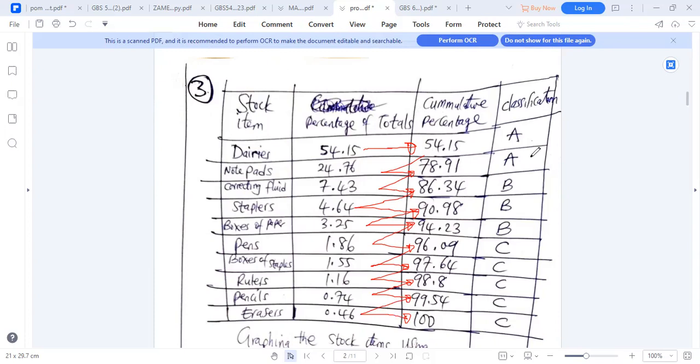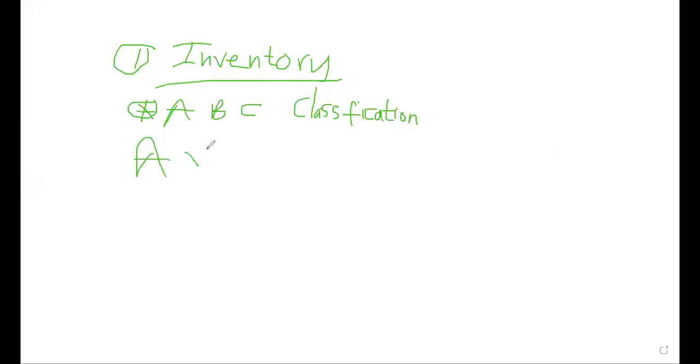So for A classification, it would have values less than 80%. So for A, the value of percentage should be less than 80%.